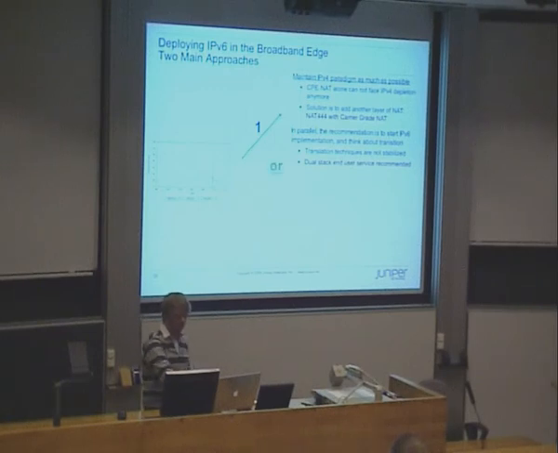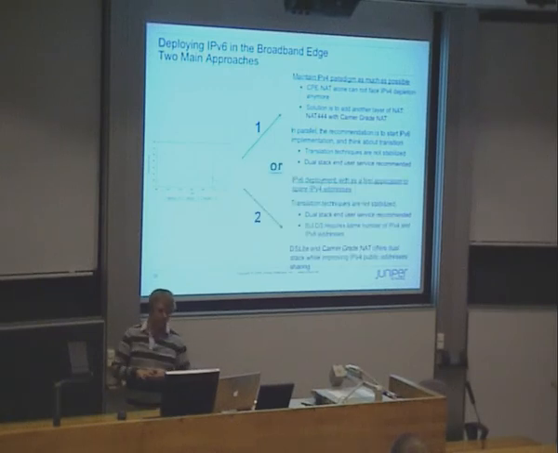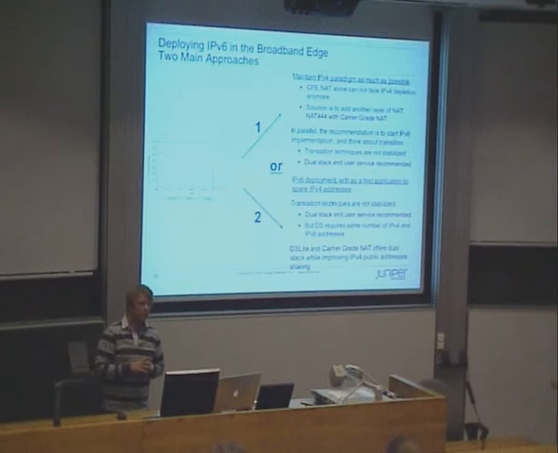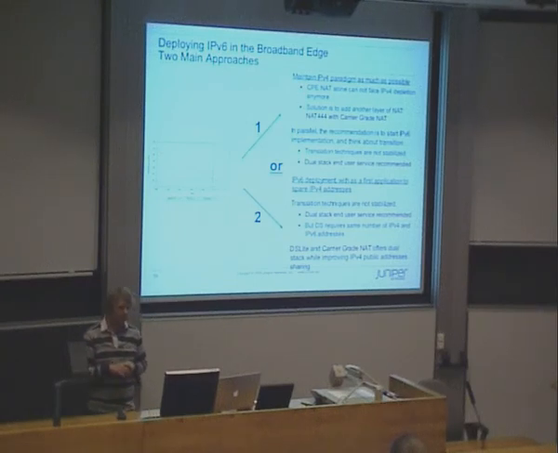Or you could do it vice versa. And you have to do it vice versa, because if you enable IPv6 in the first place, you have this kind of chicken and egg problem. IPv4 content is there, IPv6 content is not there, and how to make them work fluently is a challenge.